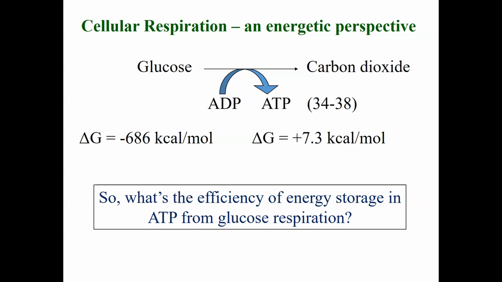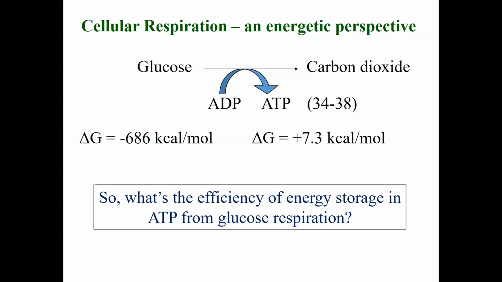Here we are showing what the free energy is for the reaction as we go through the complete oxidation of glucose, and the delta free energy is minus 686 kcals per mole. Now, to form a single ATP molecule, going from ADP and adding a phosphate group to make ATP, does take 7.3 kcals per mole.